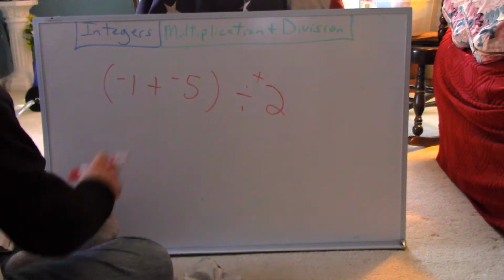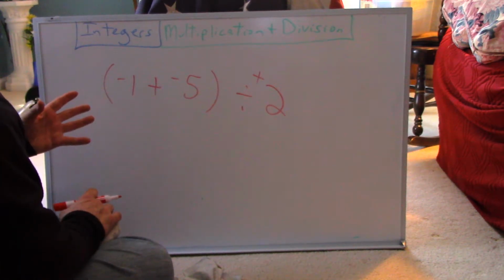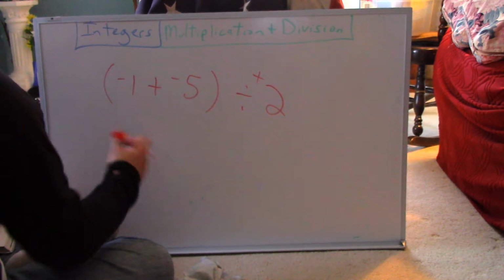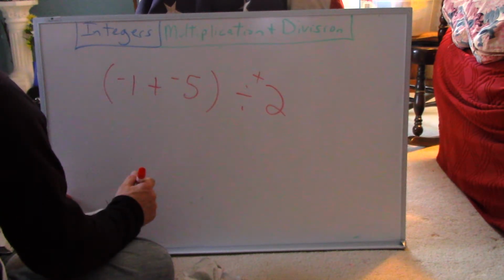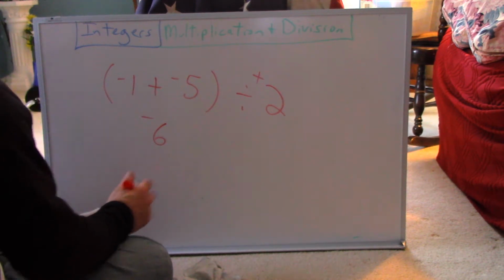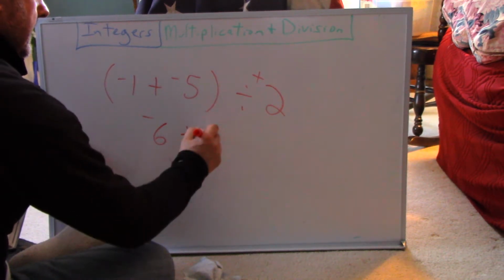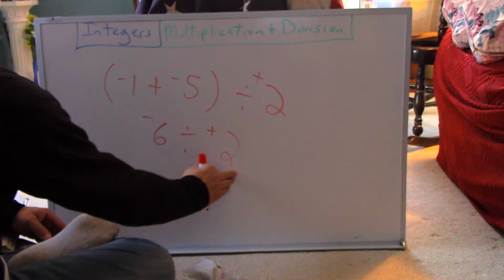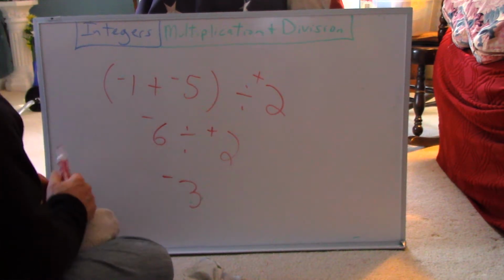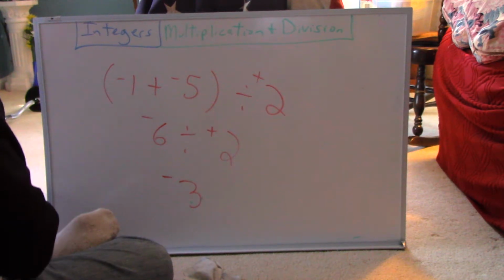Anyway, this is addition, and the rule for addition of integers is that if the signs are the same, you add and keep the sign. So 5 and 1 is 6, and they're both negative, so you keep the sign. And then you bring this down, positive 2. 6 divided by 2 is 3. The signs are different, so it's negative. Negative 3. That's not bad.